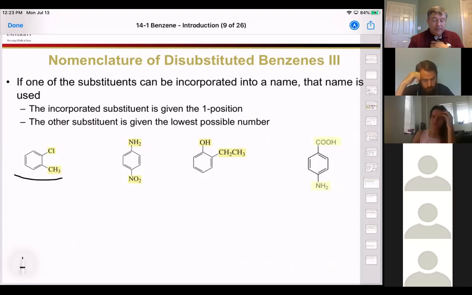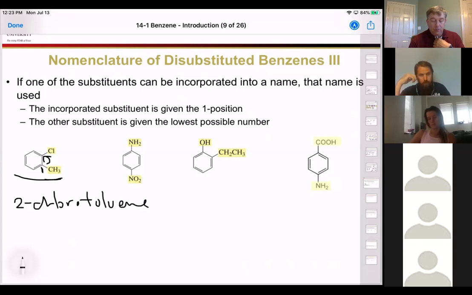So for example, in this case here, we have a chlorotoluene, because the methyl group here turns it into toluene, and the methyl group is always in the number one. So to get us our shortest path to our substituent would be number 2. So that would be 2-chlorotoluene, or we could also say ortho-chlorotoluene, and both would be correct.